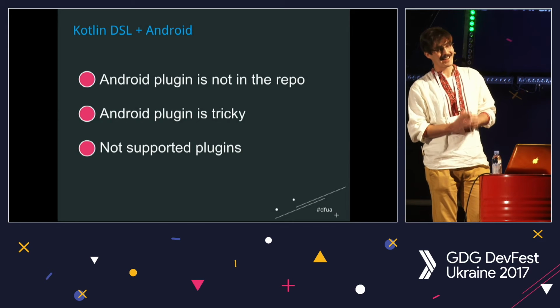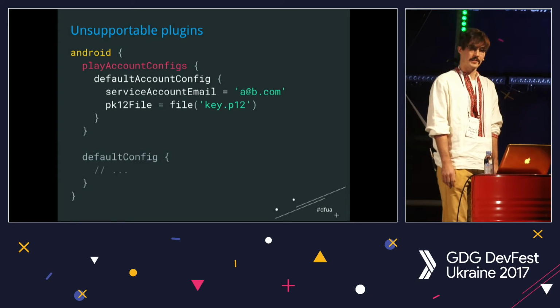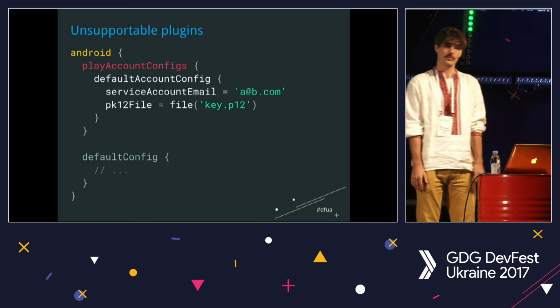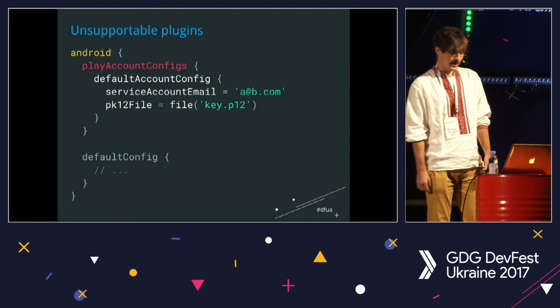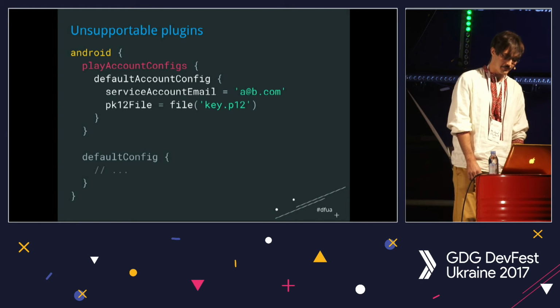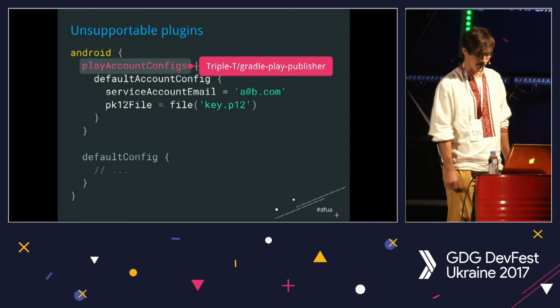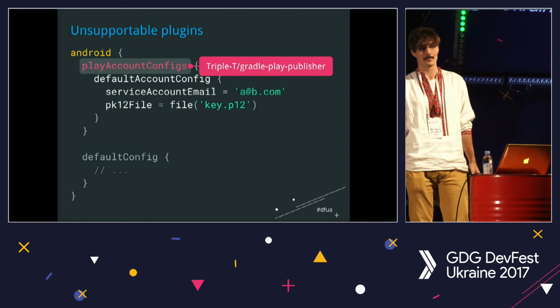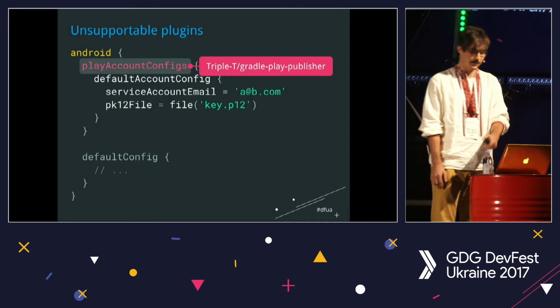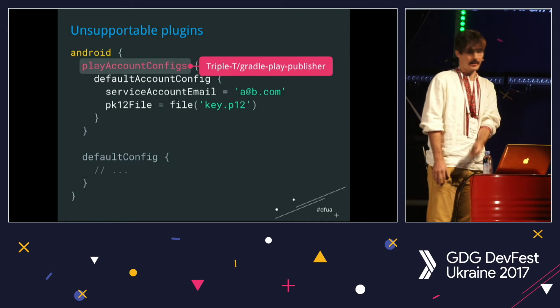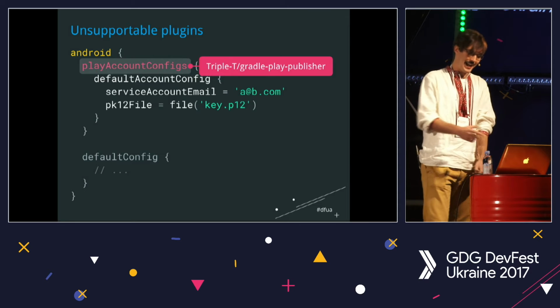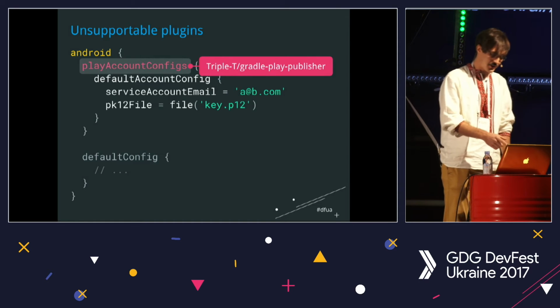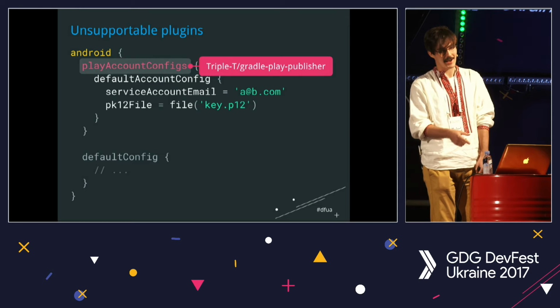And there are some unsupported plugins, plugins that cannot be configured with Kotlin DSL. I have tried to migrate my main project to Kotlin DSL and discovered that the plugin we use for publication of APK to Play Store, Gradle Play Publisher, a popular plugin, adds configuration to the Android extension.